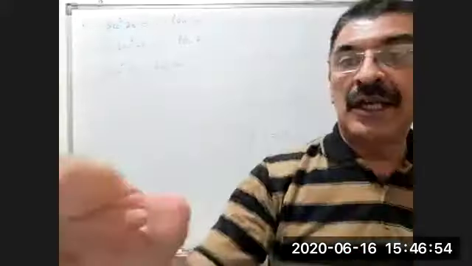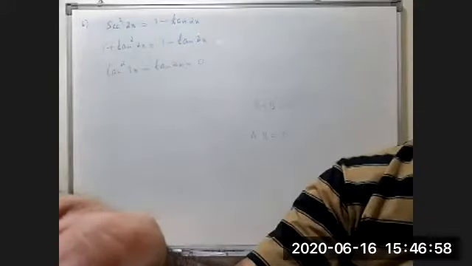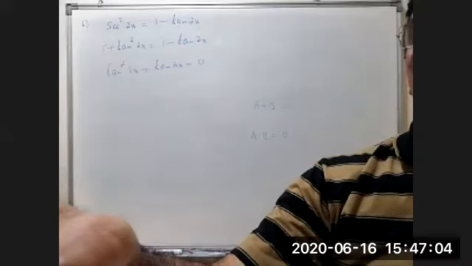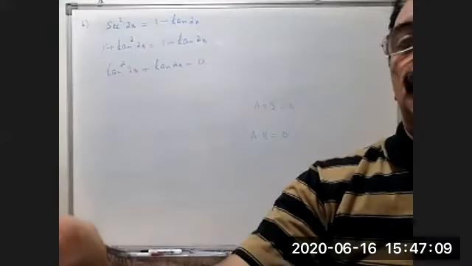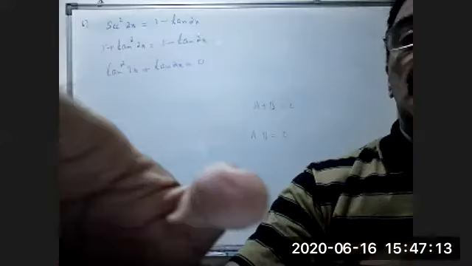But if AB is 0, we can write A as 0 or B as 0. We have two options. That is why we write this as a product.